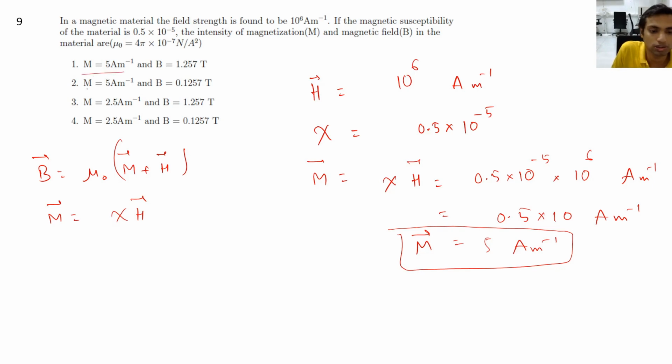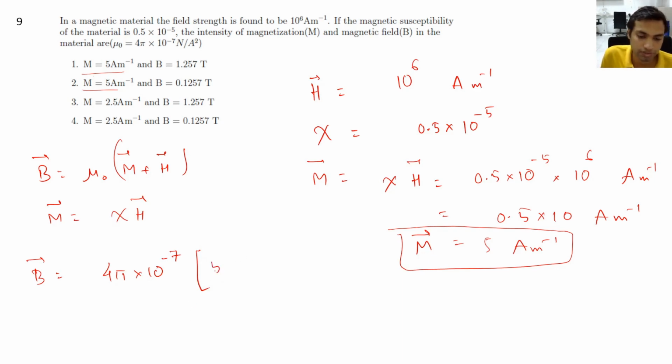So either the answer is this or this. So we have to calculate B to see which one is the correct answer. So let us just do that. We know M and we know H. So B is equal to mu naught, which is 4 pi into 10 to the power minus 7 Tesla. If you keep everything in SI unit, it will become Tesla.